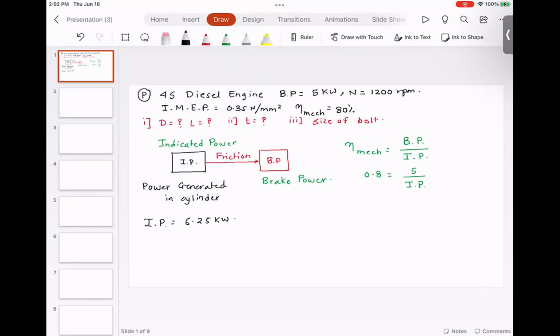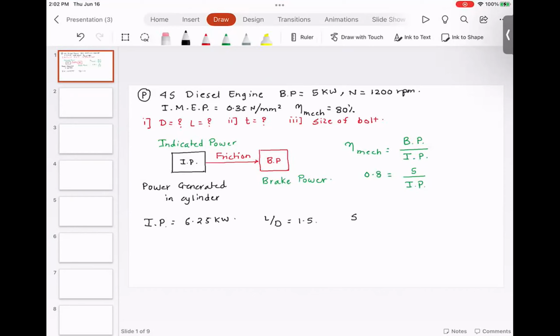Now at this point, we have to decide what type of engine configuration it's going to look like. So essentially, we need to find out the L to D ratio, and I'm going to assume it to be 1.5.